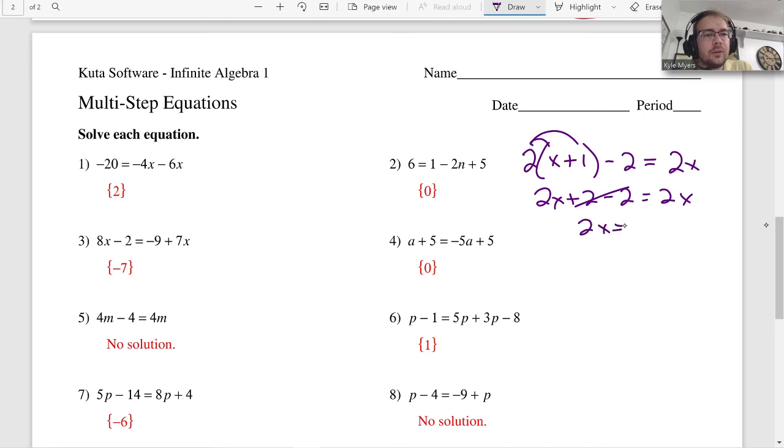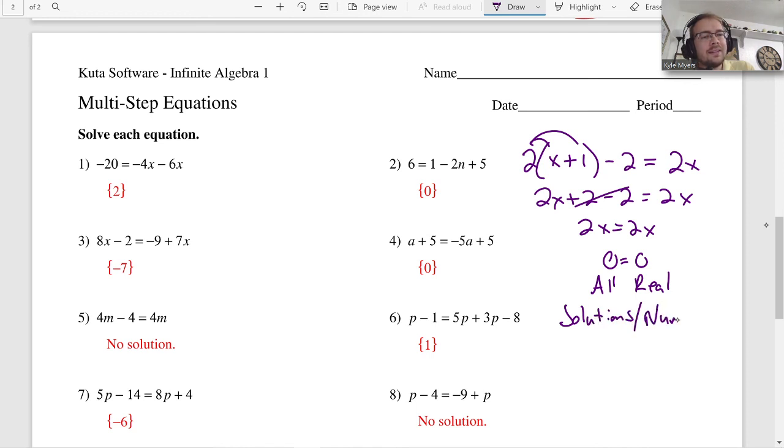So then 2x equals 2x. And then there's really no way to solve, right? Because, if I subtract 2x on both sides, I would just get 0 equals 0. Well, that's always true. 0 is always equal to 0. It's like, no duh. Something's always going to be equal to itself, right? So then this would be all real solutions. All real either solutions or numbers.